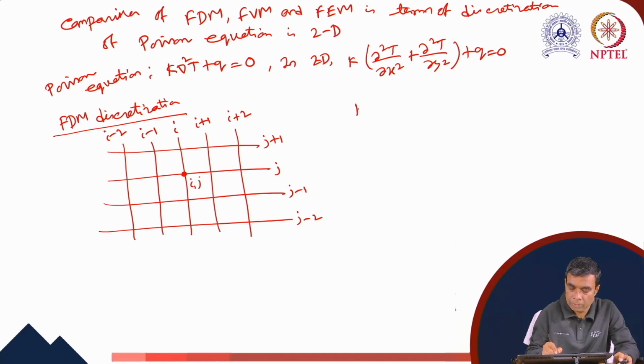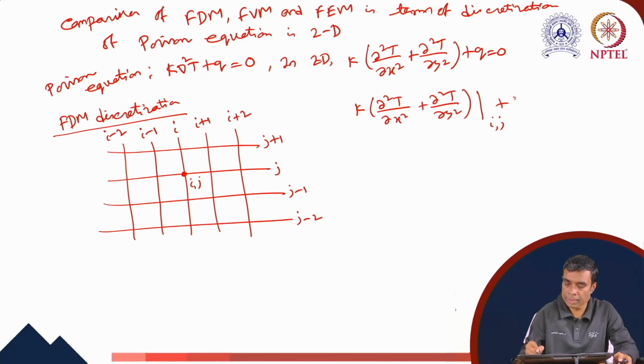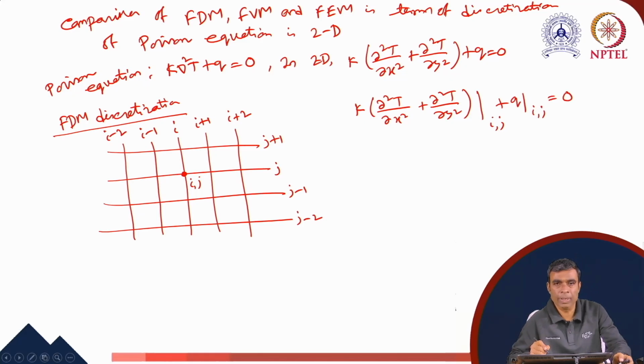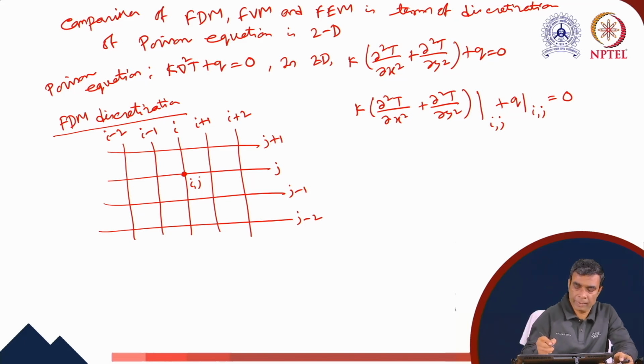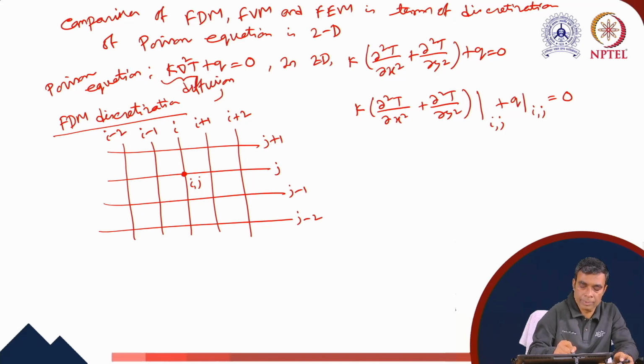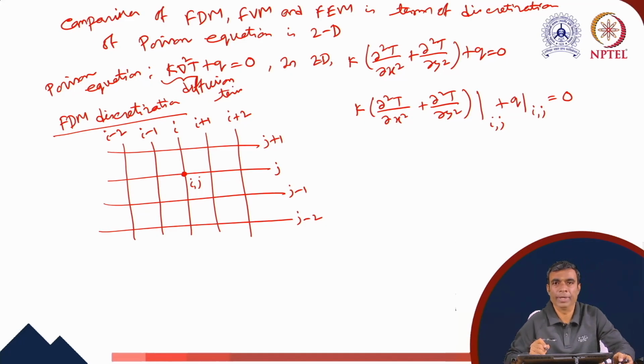Now, when we discretize the governing equation, del 2T del x2 plus del 2T del y2 at the ijth node plus q at ijth node equals to 0, we certainly use only the second order central difference scheme for the diffusion term. This is a diffusion term which is having no directional bias, and because of that we have to use central difference in finite difference and finite volume and Galerkin in the finite element method.